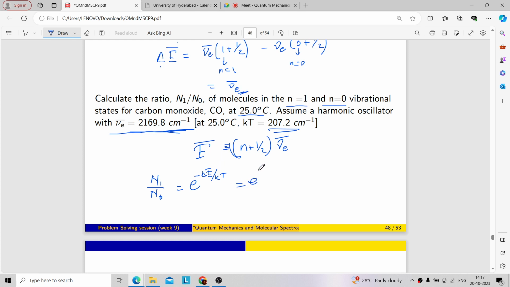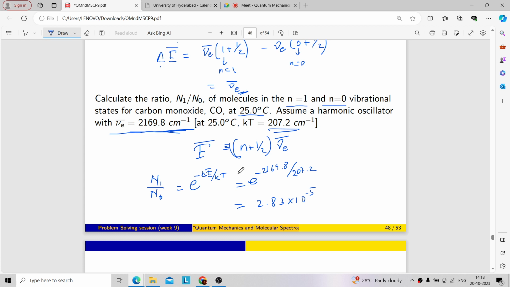Putting all these values in, we get e to the power minus 2169.8 over kT, which is 207.2. If you solve this, you will get 2.83 times 10 to the power minus 5.